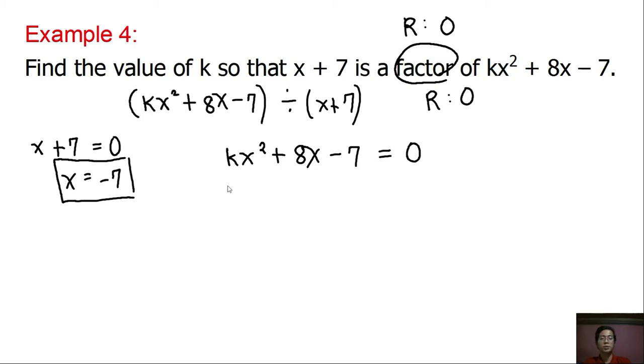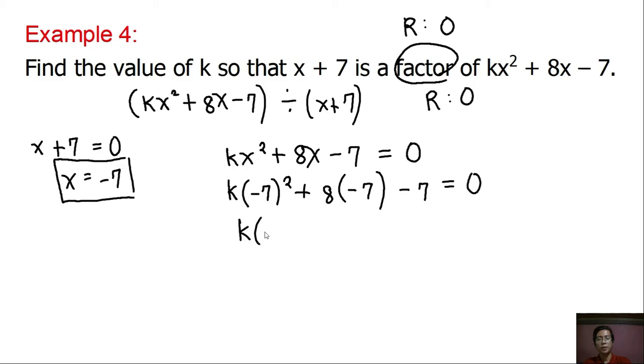So, substitute, you have k times negative 7 squared plus 8 times negative 7 minus 7 is equal to 0. Negative 7 squared is equal to positive 49.